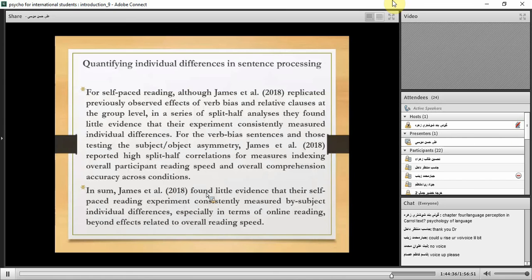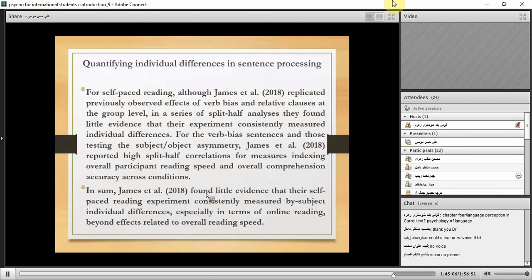So, James and others found little evidence that their self-paced reading experiments consistently measured subject individual differences, especially in terms of online reading, beyond effects related to overall reading speed.